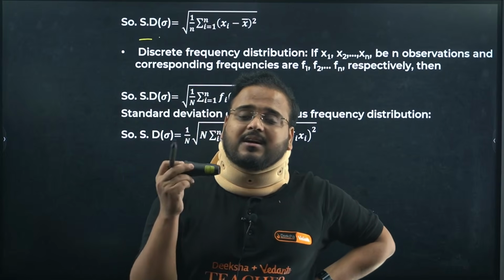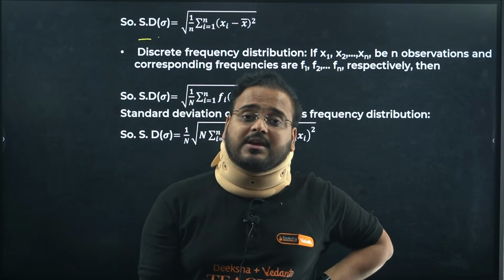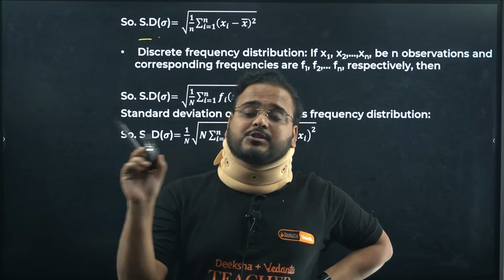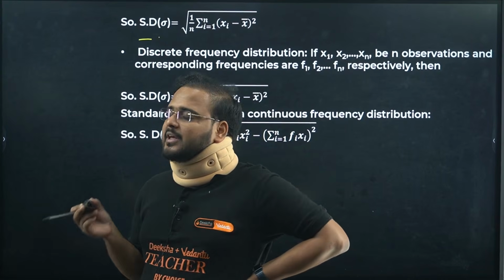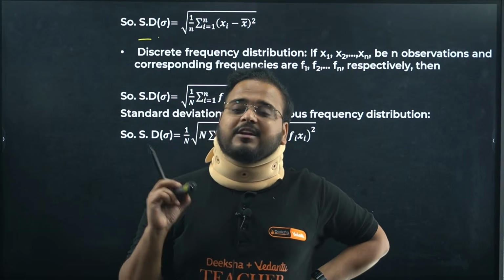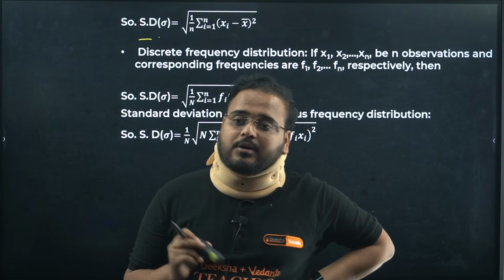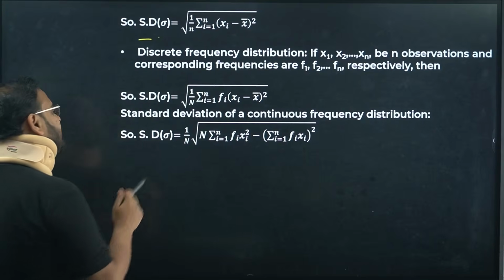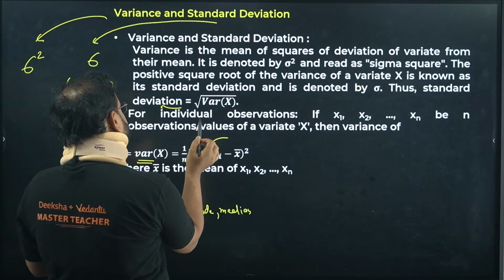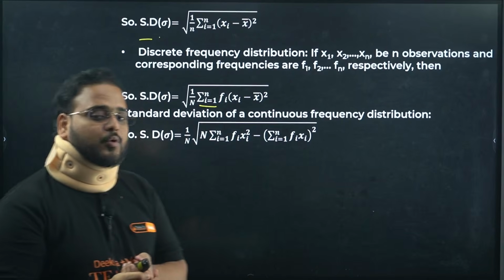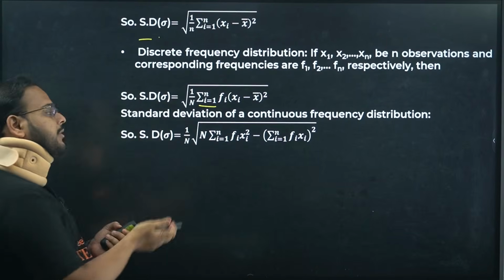Then for 80 marks 5 students got it, for 55 marks 2 students got it. So for each mark obtained in the class, there is a related frequency. Yes. So when frequency is involved, you write the standard deviation like this: sigma fi xi minus x bar the whole square upon n, in the root.